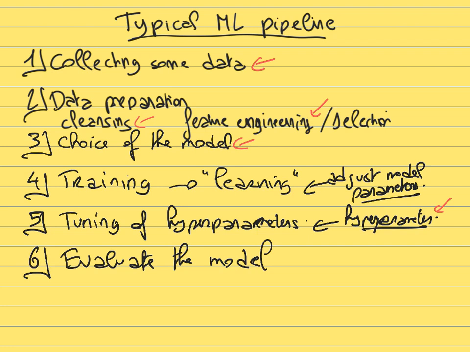Once you have reached a model that is satisfactory, then the last step is to use the model to make some predictions. Usually when you train a machine learning model, the point of this exercise is not just to train it for fun, it's to have a model that can be used to make some predictions, a model that can be used to replace humans, maybe that can make some choices instead of having humans make those choices.